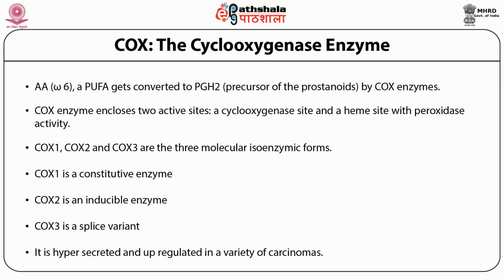Both cyclooxygenase 1 and cyclooxygenase 2 also oxygenate eicosapentaenoic acid and dihomo-gamma-linolenic acid to bestow the prostanoids of the series 1 and series 3, and these two are less inflammatory than those of series 2.